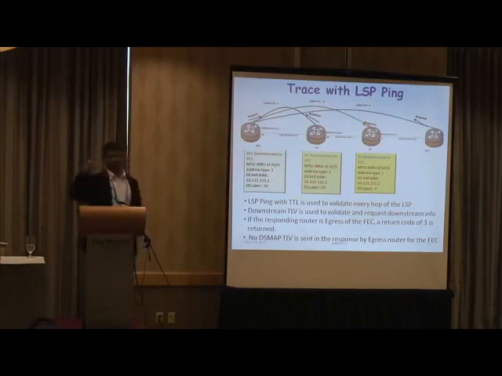In this case, we send to each hop along with the downstream information, so you not only send to each hop in the LSP, you actually validate each router's information and send the response back. So it is much more heavyweight than what you experience with the ICMP traceroute.